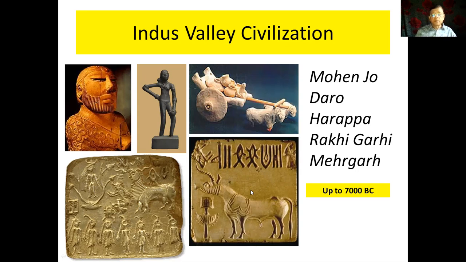So, therefore, even by archaeological evidence, we have evidence for up to 7000 BC within the Indus Valley civilization. And we don't have time to go into the characteristics of this civilization. You can just Google it and read about it.